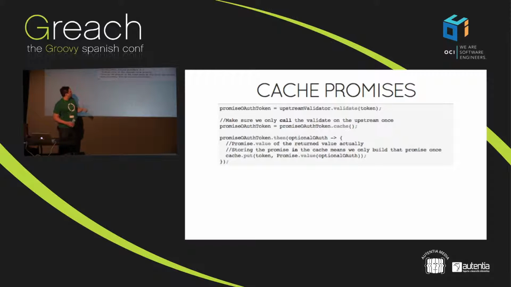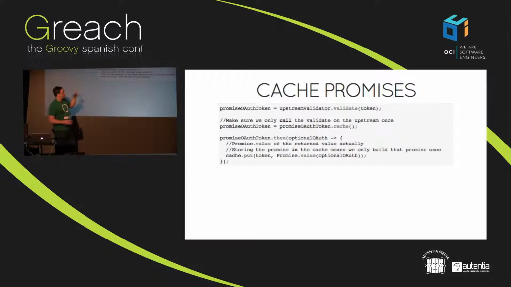The other thing to be careful of is you'll notice that the promise OAuth token .cache is called. When you do promises in Ratpack, if you call a promise's .then twice, it'll actually execute the promise twice unless you call cache first.